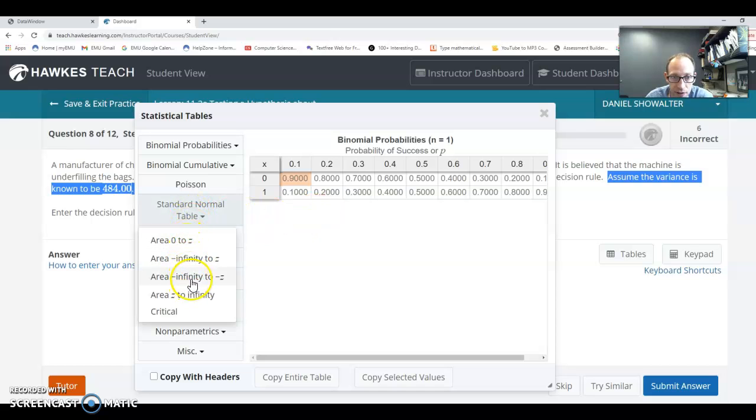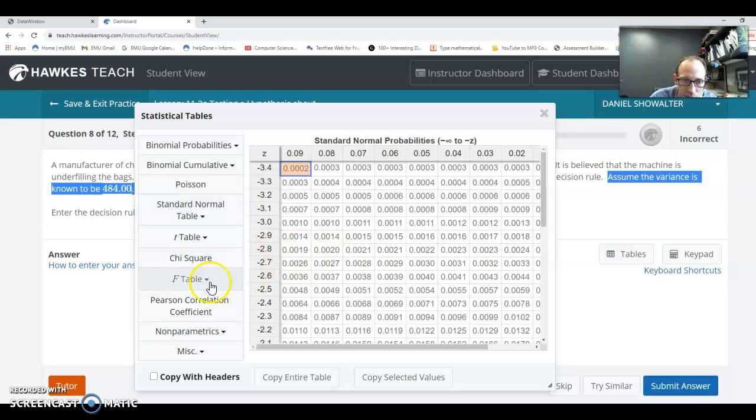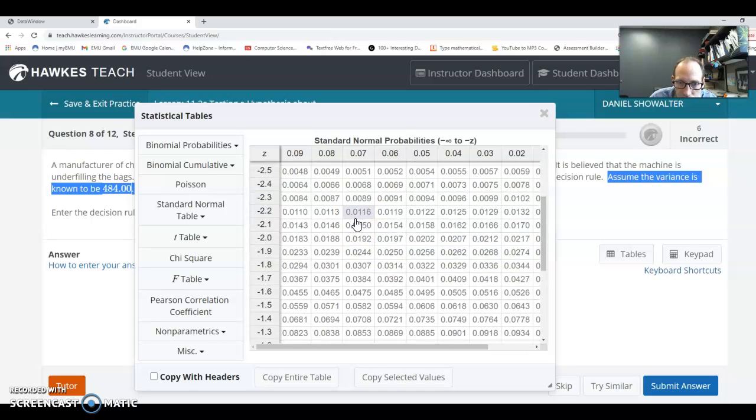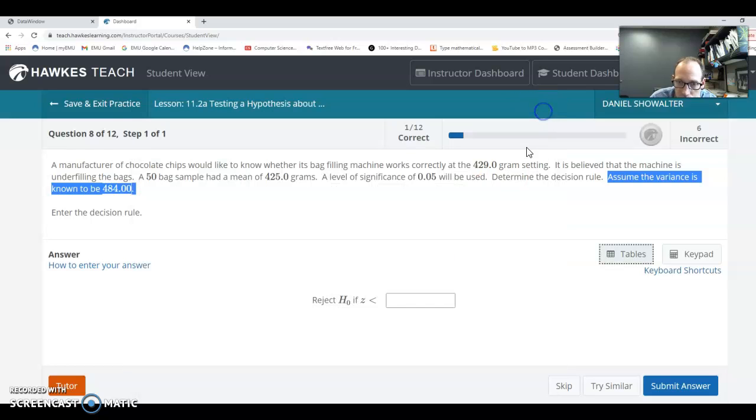We'll go negative infinity, anything less than, anything on the left half of the distribution is going to be in the negative z section. And we go to 0.05, which would be right between these two. So negative 1.65 or negative 1.64. Shouldn't matter which one you put in. Let's put in negative 1.64, and we'll submit that.